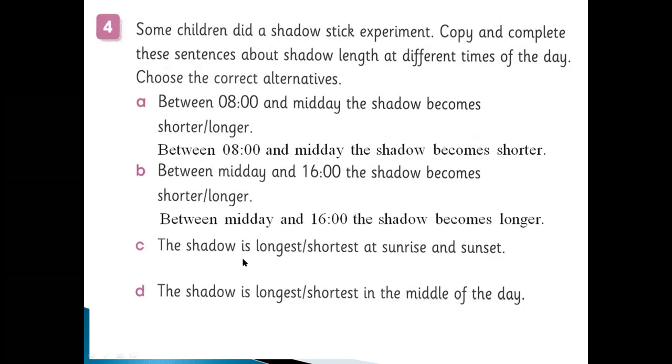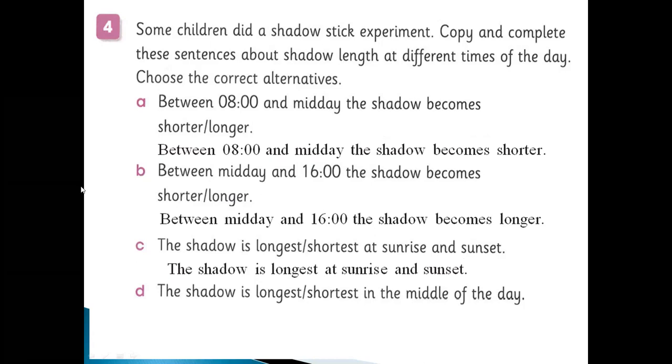The shadow is longer or shorter at sunrise and sunset, the beginning of the day and the end of the day? The shadow is longer, because at this time the sun is here and the shadow is longest.